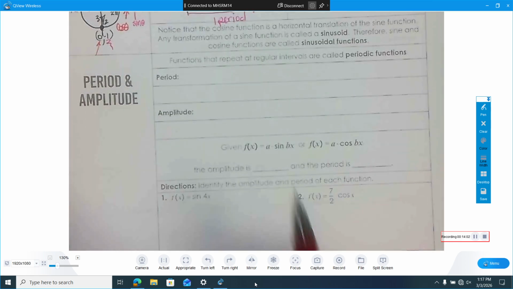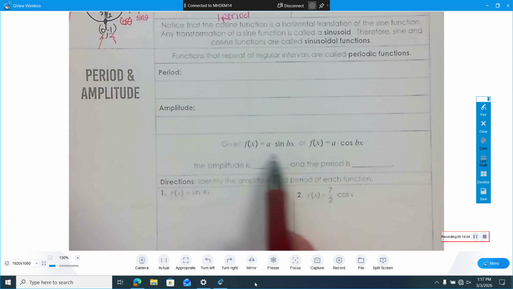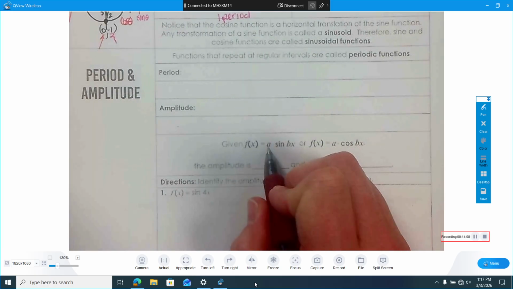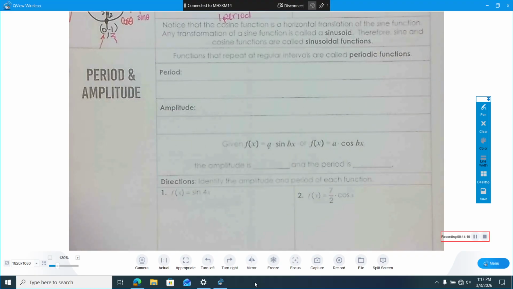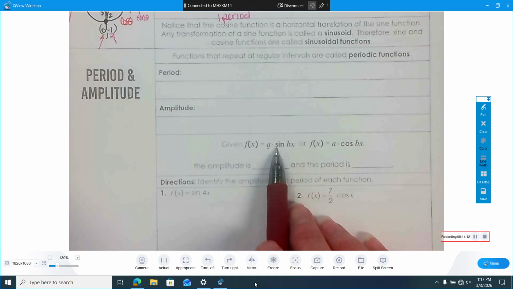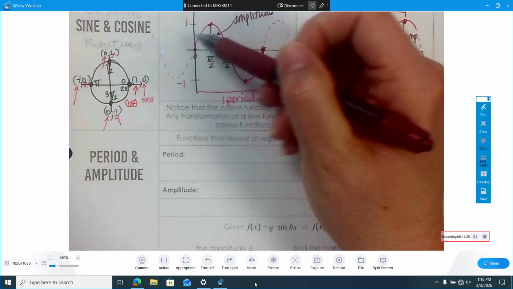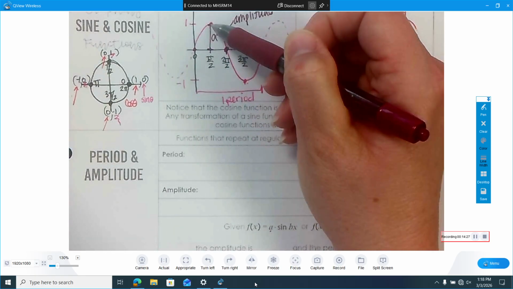I want to skip down right here. Given we have these transformations that we're adding on here, the A is being multiplied to our curve, whether it's a sine curve or a cosine curve. What happens to our sine and cosine curve if we multiply it by a number? Well, I'm taking the height here, so the sine value is 1.